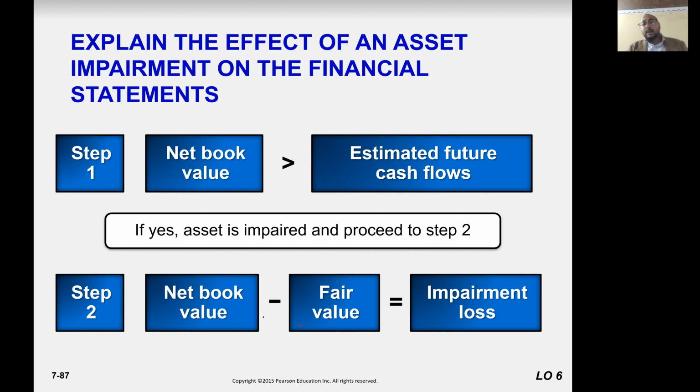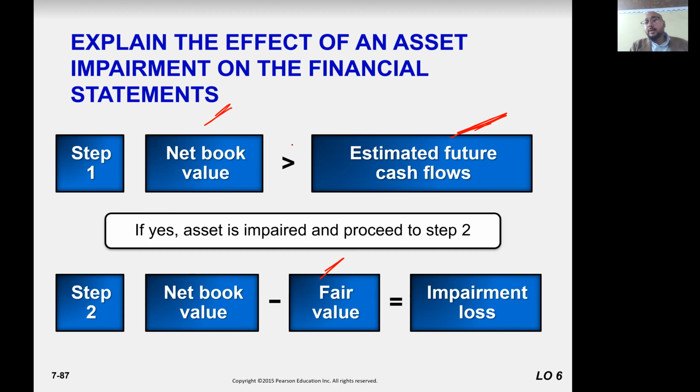So there are three kinds of values that are going to be tested: cash flows, fair value, and book value. Book value is easy, it's on your records. The future cash flows can be calculated through a finance formula. How much is the future earnings? You make it present value, so present cash flows.